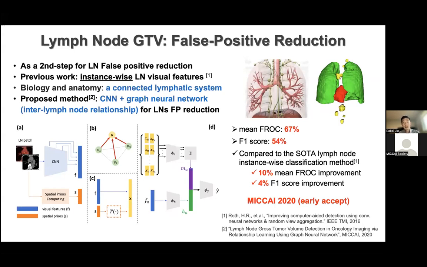So they propose a CNN plus GNN network to do this lymph node false positive reduction. There is also some improvement observed in this work.